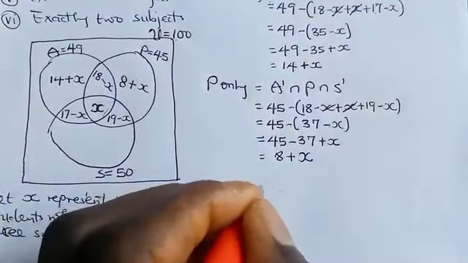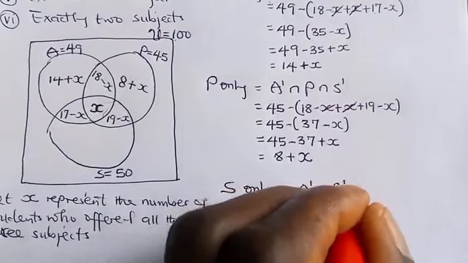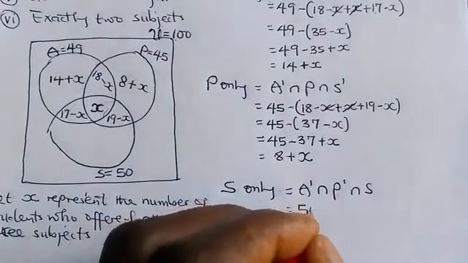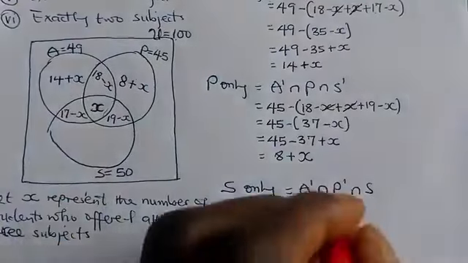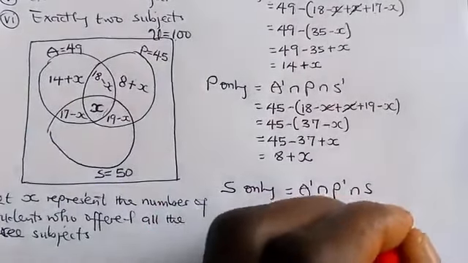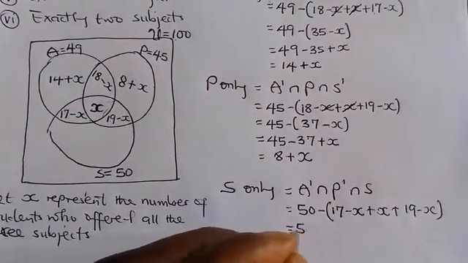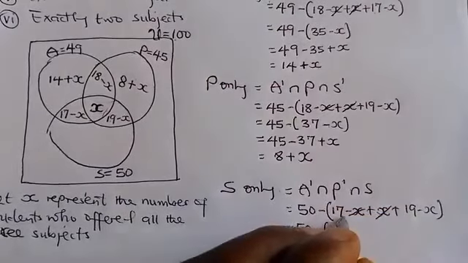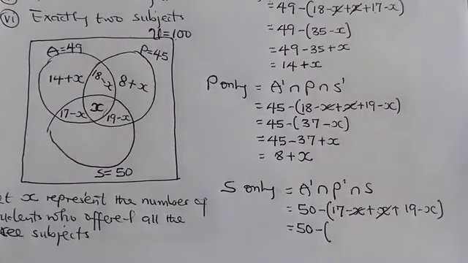S only, that's for statistics, equal to A prime intersecting P prime intersecting S. And that's equal to 50 minus, we'll subtract the data under the oval shape for statistics already, and that's 17 minus X plus this X plus 19 minus X. That's equal to 50 minus, this negative X will go with positive X. We are left with 17 plus 19, which gives us 36.